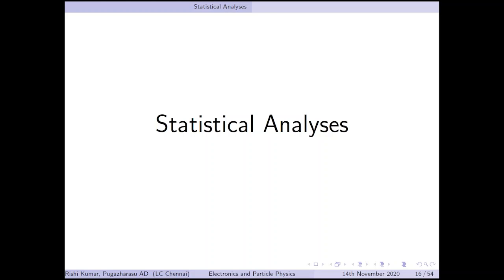So we are now looking at the large experiments that we have done throughout our course. But for high energy physics, these microscopic interactions are very hard to actually analyze the statistics within.